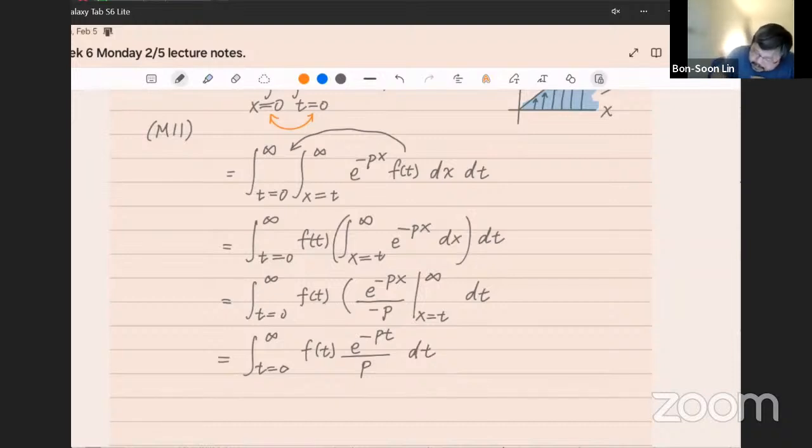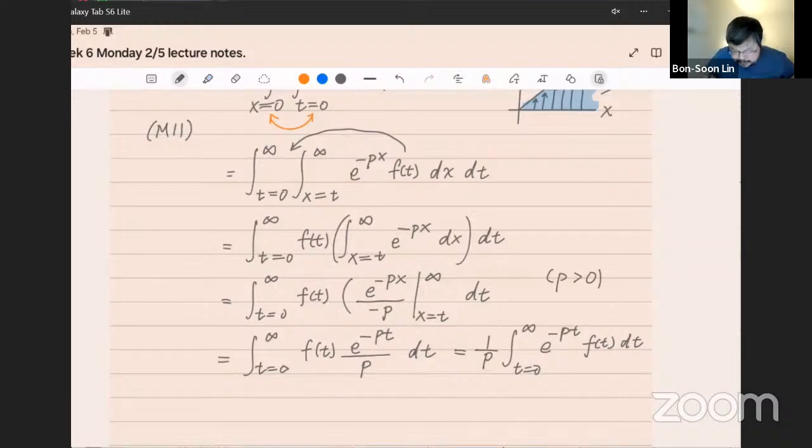If you stare at this, it is 1 over p times the integral t going from 0 to infinity of e to the minus pt f of t dt. Tacitly, I assume that t is positive in order for this integral to converge.